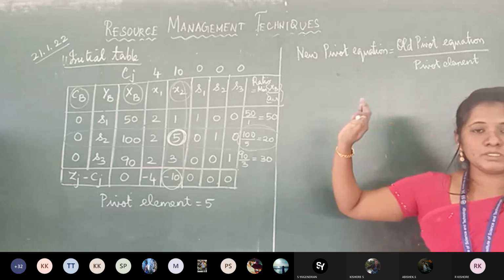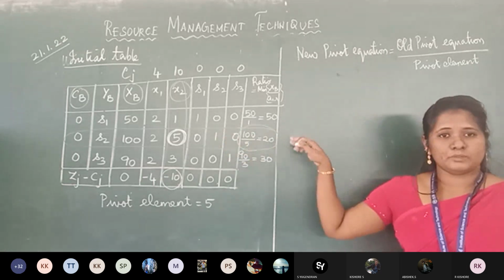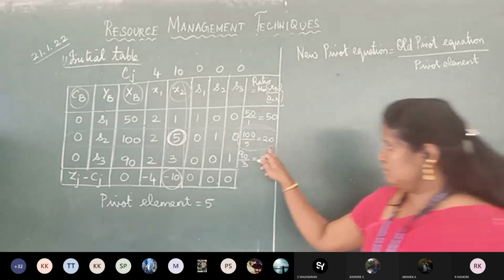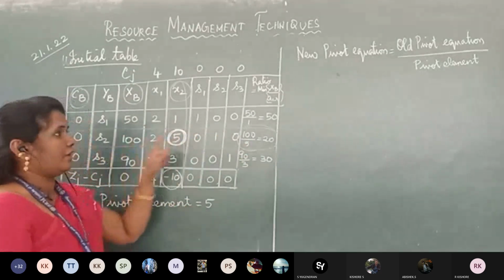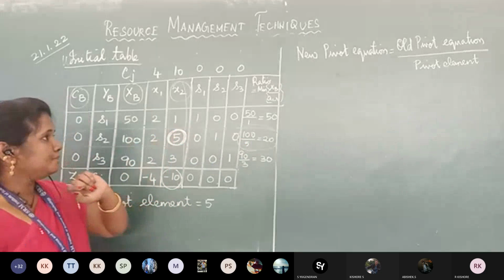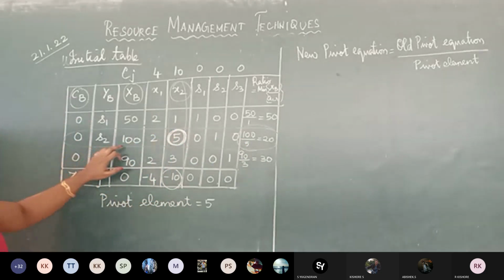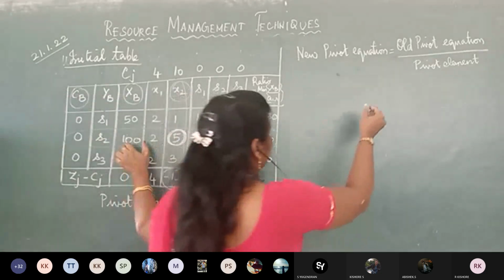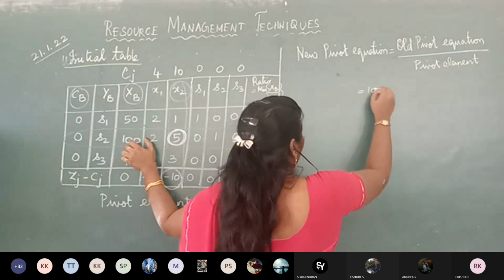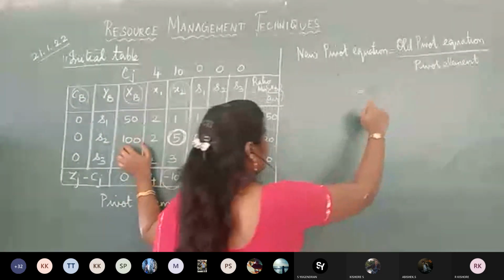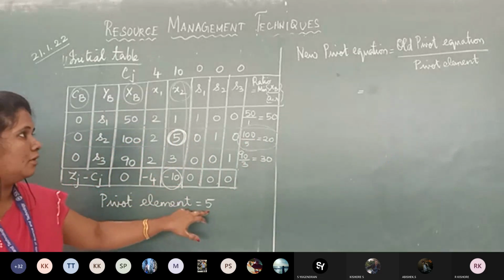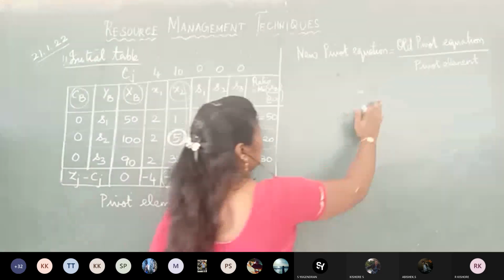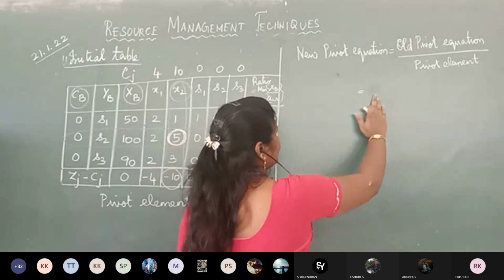You're going to find out your new pivot equation. So how you have to do is, you have to write your whole pivot equation first, divided by 5. Your pivot element is 5. I will do it directly.